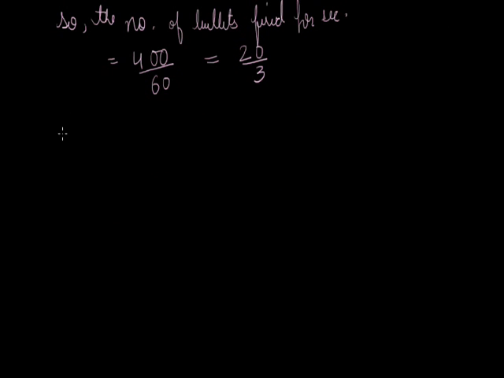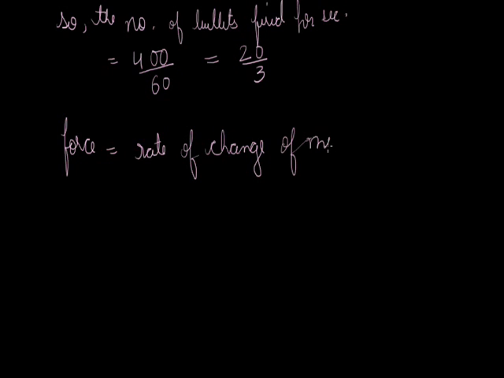Now we require a force which is equal to the rate of change of momentum, as we have discussed in Newton's second law. So force will be equal to mv by t. But as we have discussed the number also, it has to be multiplied by n also.